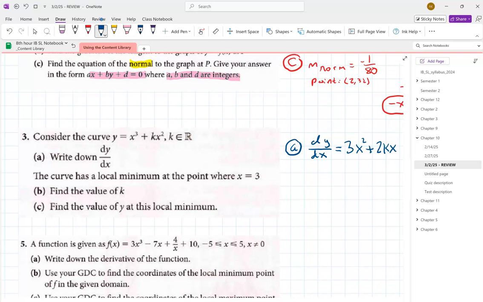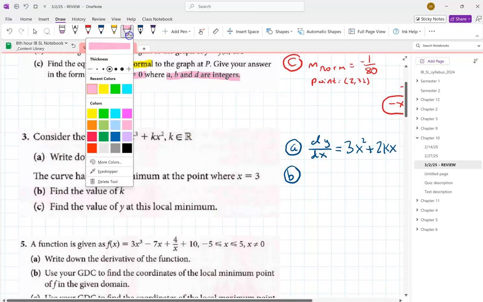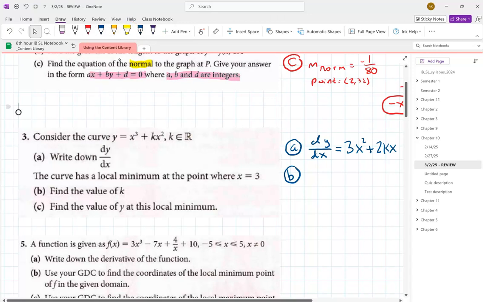That's correct. The next thing says the curve has a local minimum at the point where x is equal to 3. What does this mean?